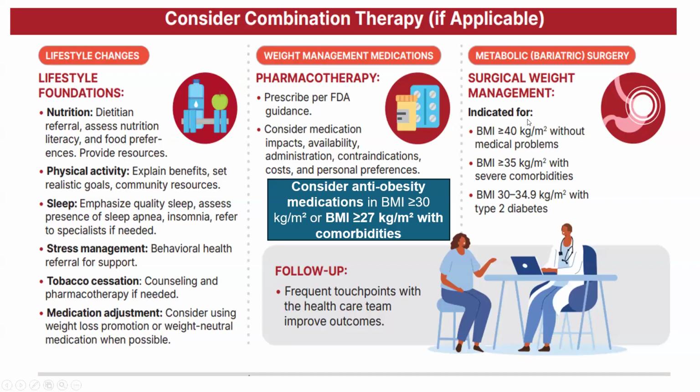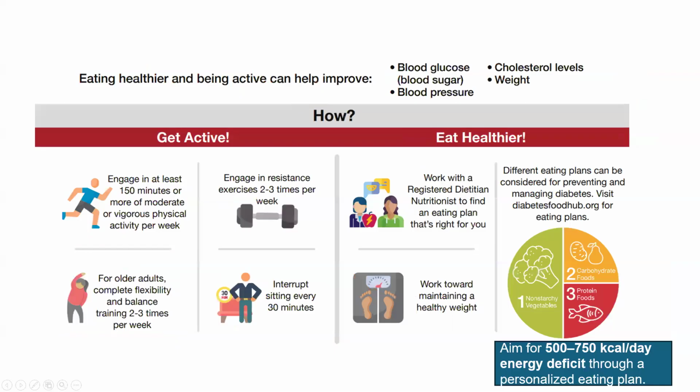Surgical management or bariatric surgery is indicated for those who have a BMI of more than or equal to 40 kg per meter square even without medical problems, those with more than or equal to 35 kg per meter square with severe comorbidities, and even consider patients with BMI 30 to 34.9 kg per meter square with type 2 diabetes. So these are all recommendations from the ADA 2025.